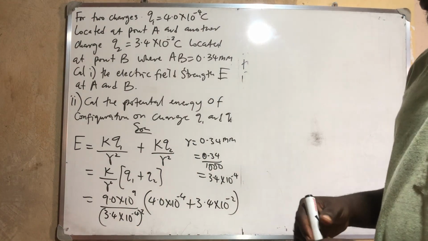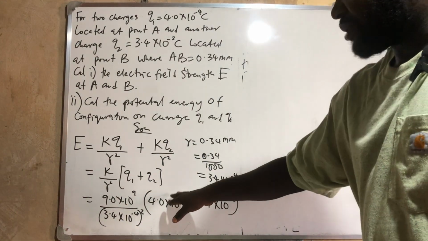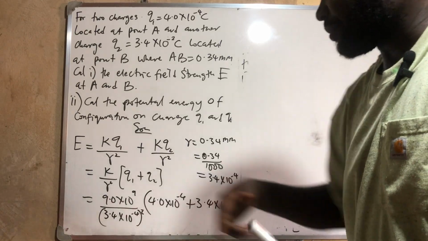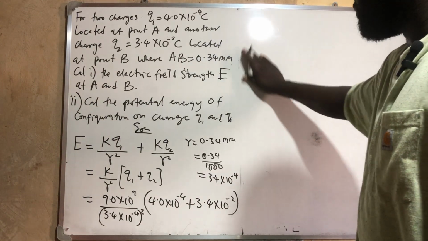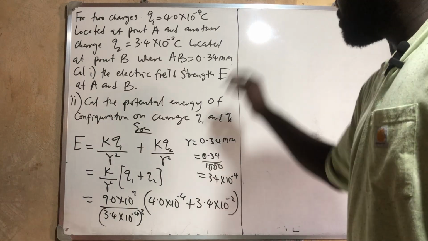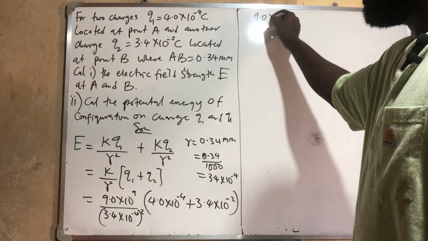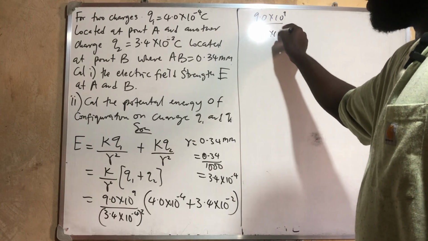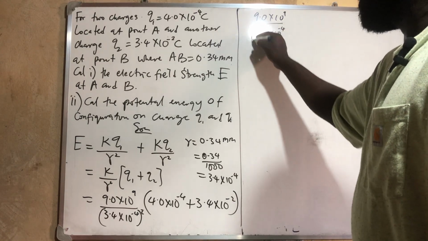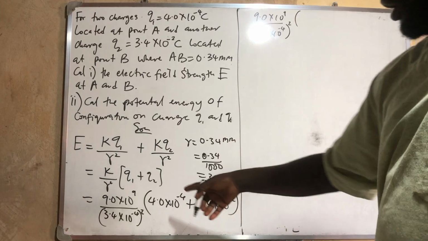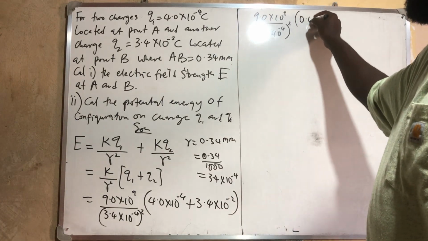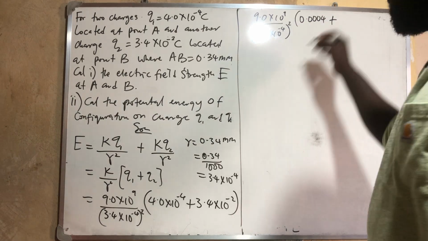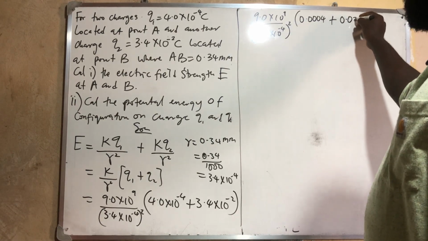Now, if this times 10 raised to power something will confuse you, convert it first. If I convert, I'm going to have 9.0 times 10 raised to power 9 divided by 3.4 times 10 raised to power minus 4 all squared, into, if you convert this one, 0.1234, plus, convert this one, 0.03412.